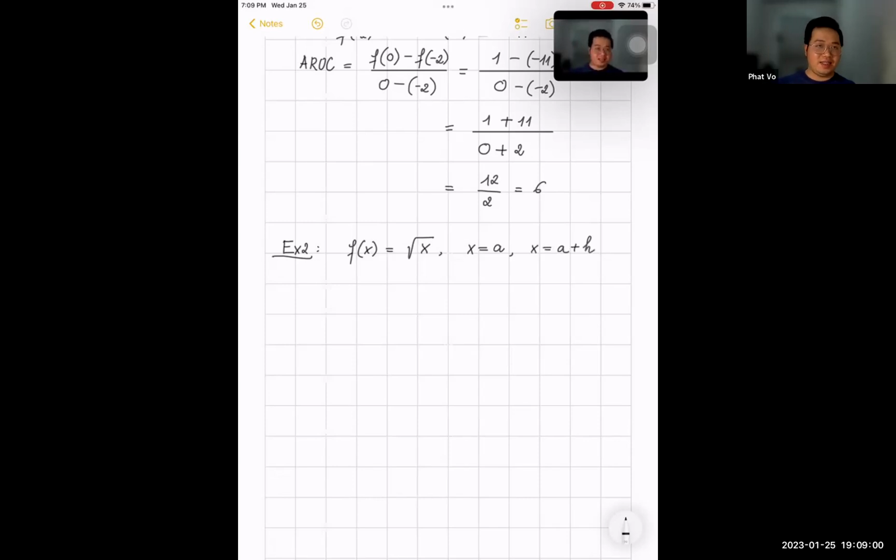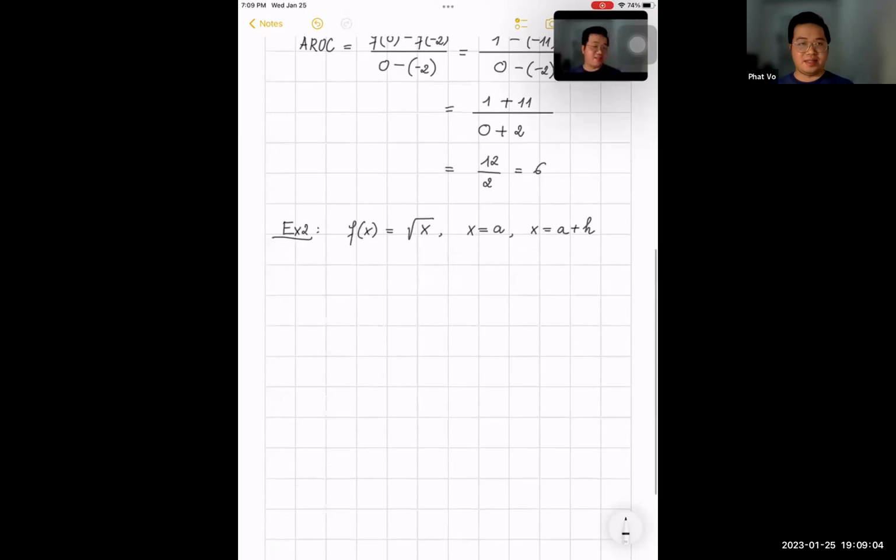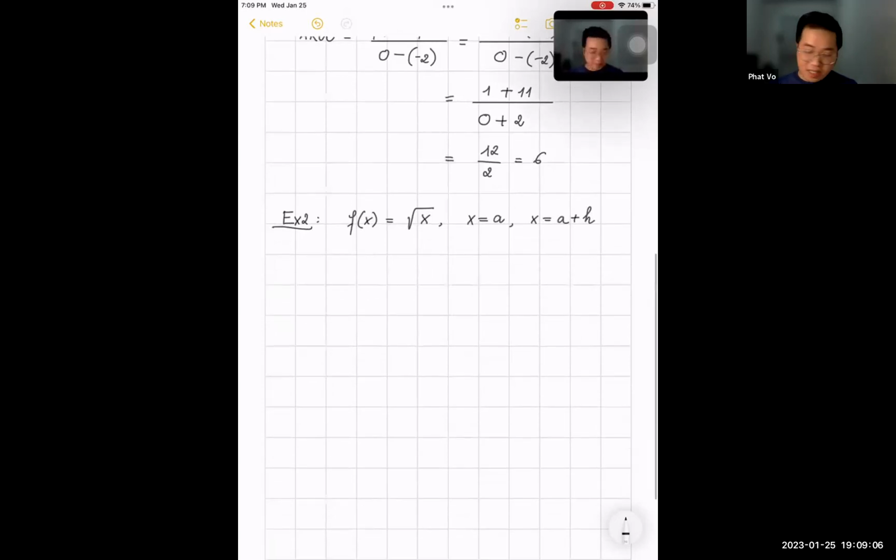Okay, a and h here are some given numbers, and the question is, find the average rate of change between the given points.